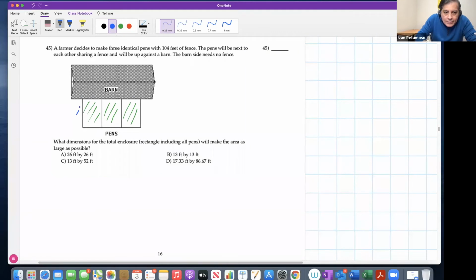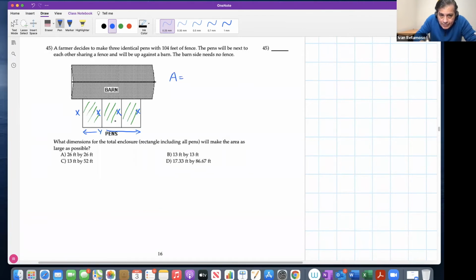I'm going to call this X, X, X, and X. And I need material here, I will call this Y. It's just me: I call the smallest distance always X, the longest Y, but you can switch. If you call this Y, Y, Y, this X, the answer in the end will be the same, guys.